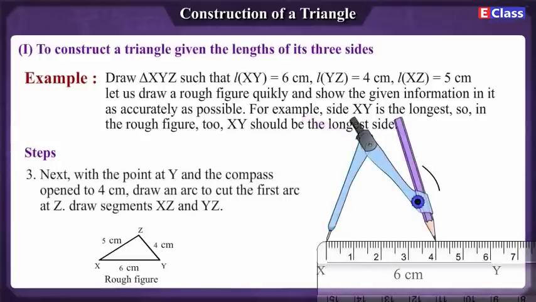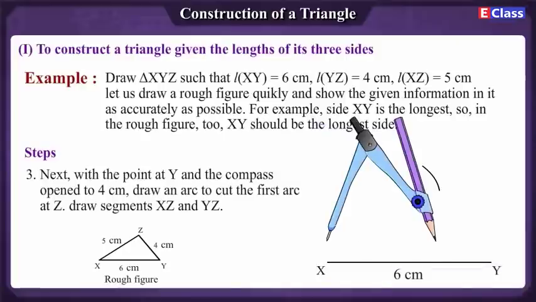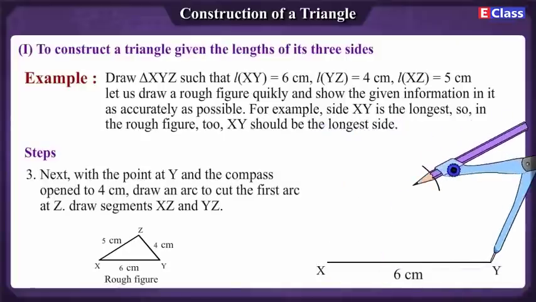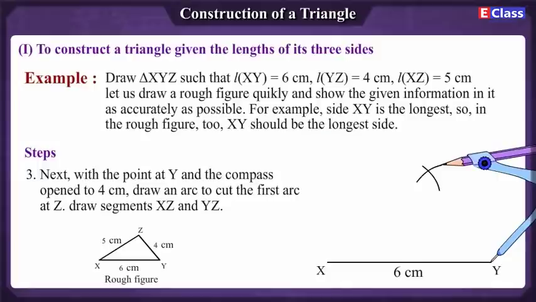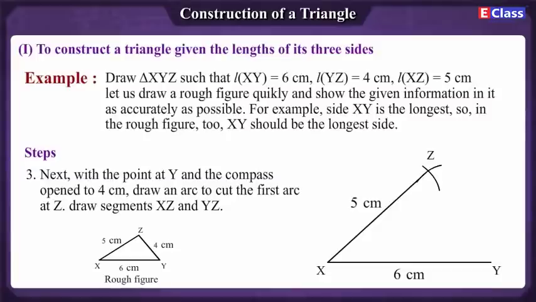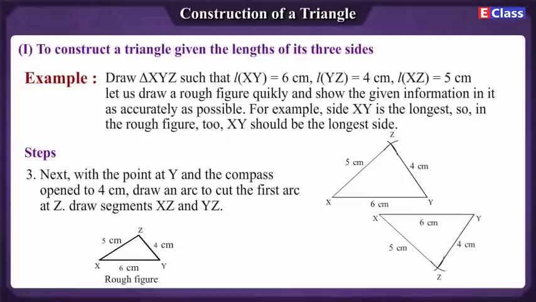Next, with the point at Y and the compass opened to 4 centimeters, draw an arc to cut the first arc at Z. Draw segments XZ and YZ. A similar construction can be drawn on the other side of the base as shown below.